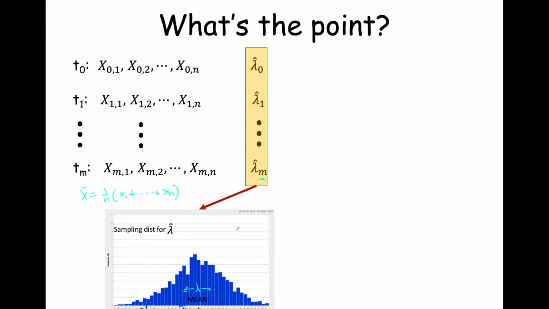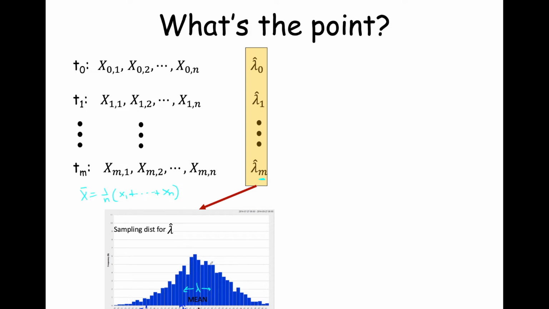And so if the variability of the sampling distribution for lambda hat is narrow enough, i.e. the standard error is smaller, then you can say, aha, this particular statistic, lambda hat, is going to be more stable. Okay, it's more stable because if it varies less, and we know that the ground truth lambda sits somewhere in there, that lambda hat, because it varies less, is going to be more reliable.